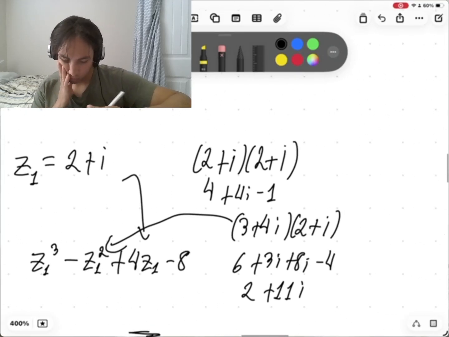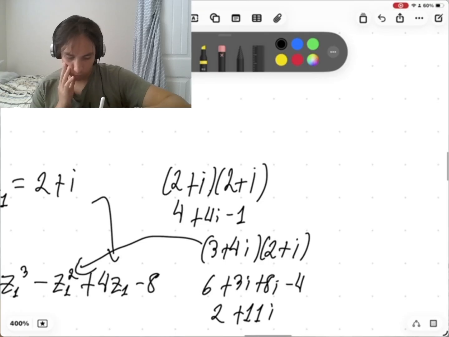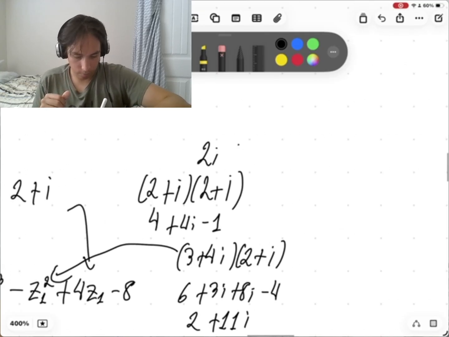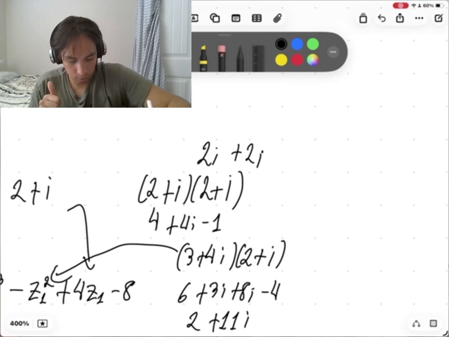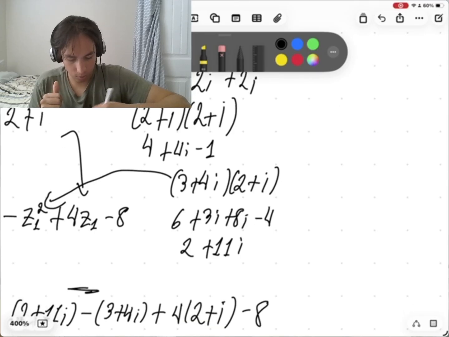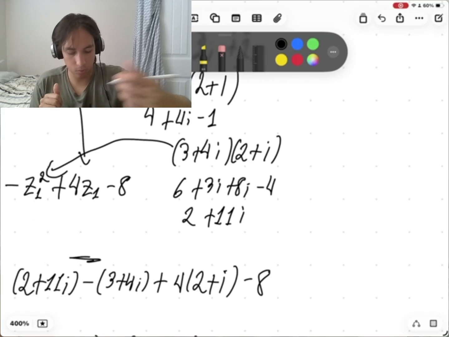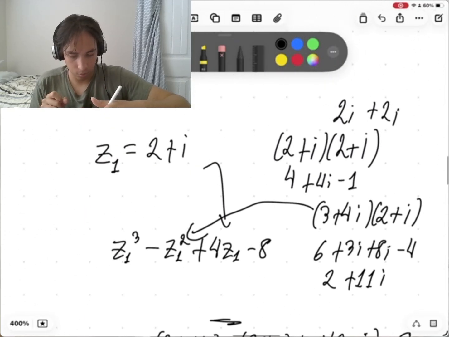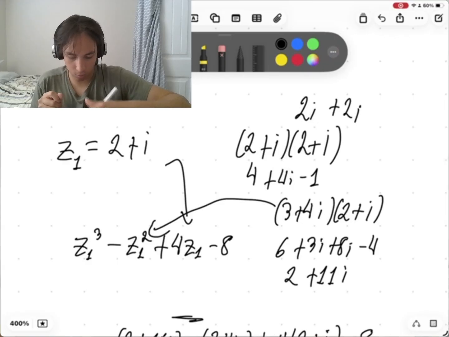So let's see. This is 4 plus 2I plus 2I, right? I squared is negative 1. 3 plus 4I times 2I, that's 3 times 2 is 6, plus 3I plus 8I plus 4I squared, which is negative 4. 6 minus 4 is 2. 3 plus 8 is 11. 2 plus 11I, right? 3 plus 4I.